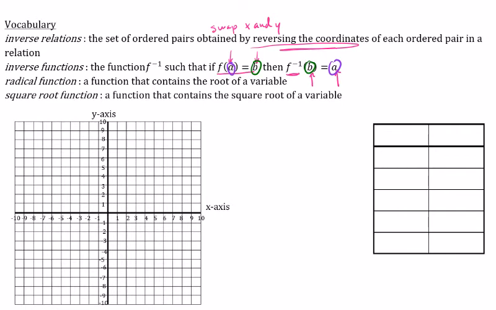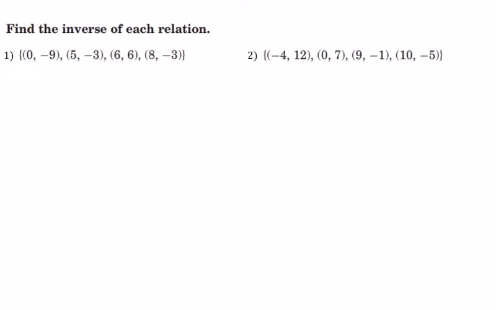But let's see, with sets of ordered pairs, how straightforward it is. If it says find the inverse of each relation, all we're doing is swapping inputs and outputs. If this was my original function, 0, 9, 0, -9, 5, -3, 6, 6, and 8, -3, then the inverse would have the same number of coordinates, but you would swap the x and the y.